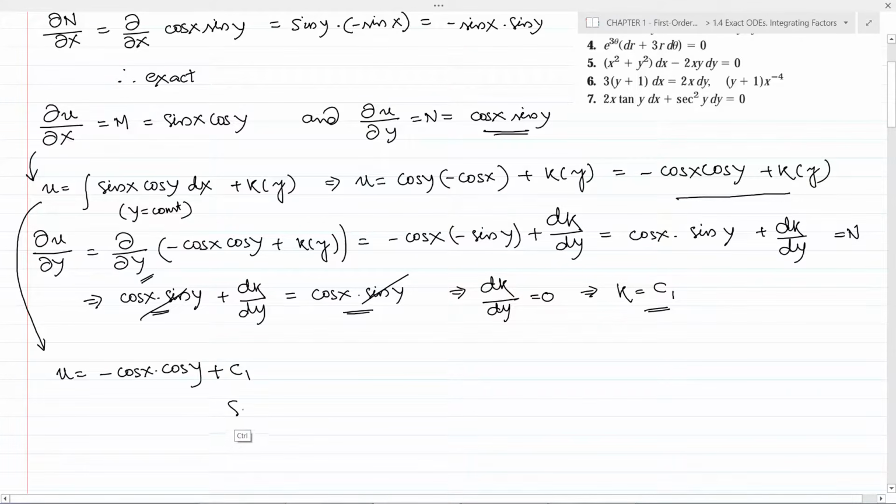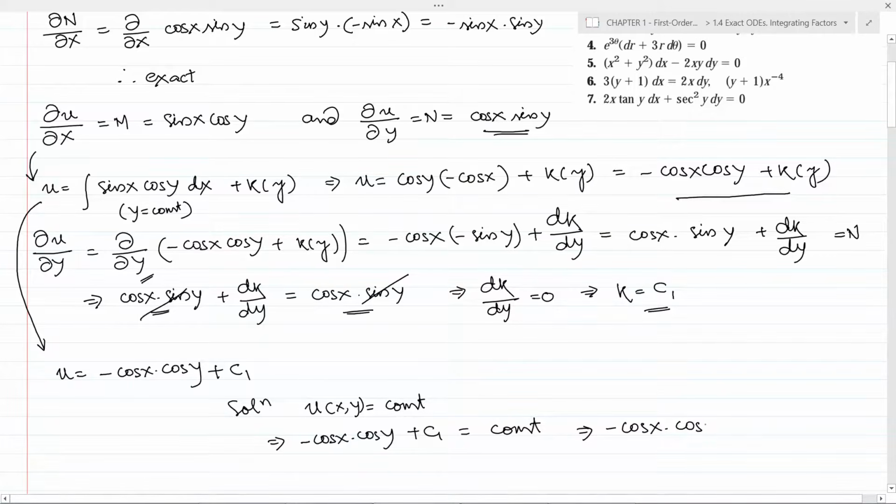We know that the solution is u of x y equal to constant, which implies minus cos x cos y plus C1 equal to constant, which implies minus cos x cos y is also a constant.